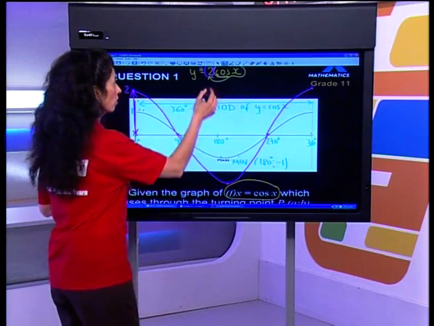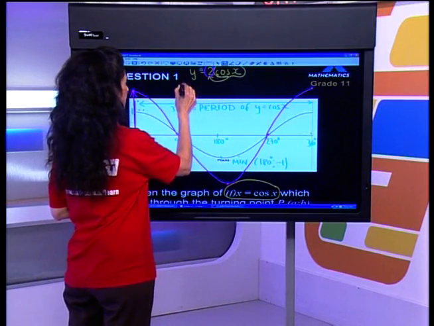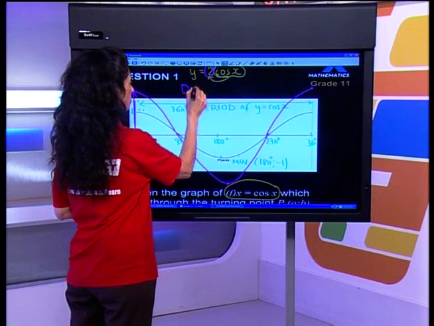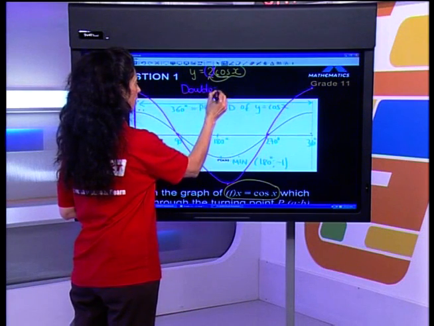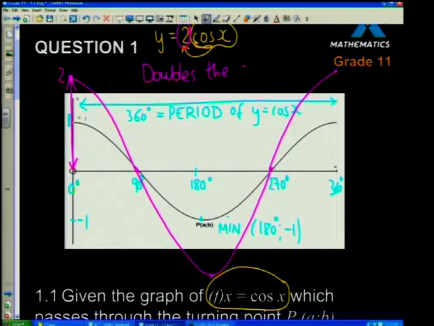So the coefficient of the ratio basically doubles the amplitude. Okay, and we can see that from the maximum to the x-axis, from the minimum to the x-axis, that's all been doubled.